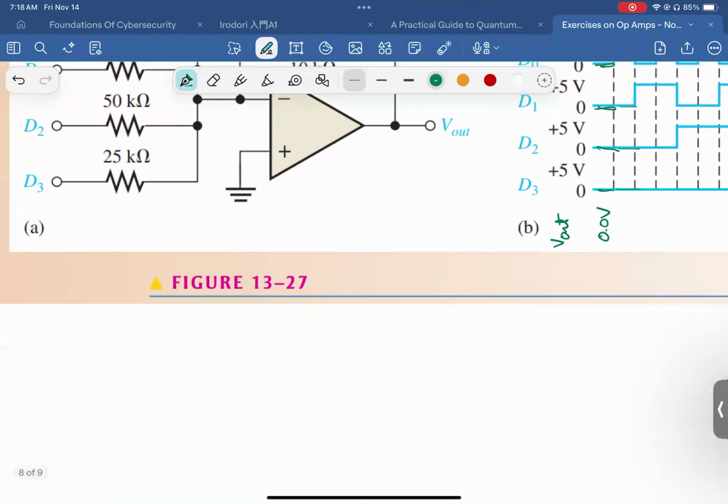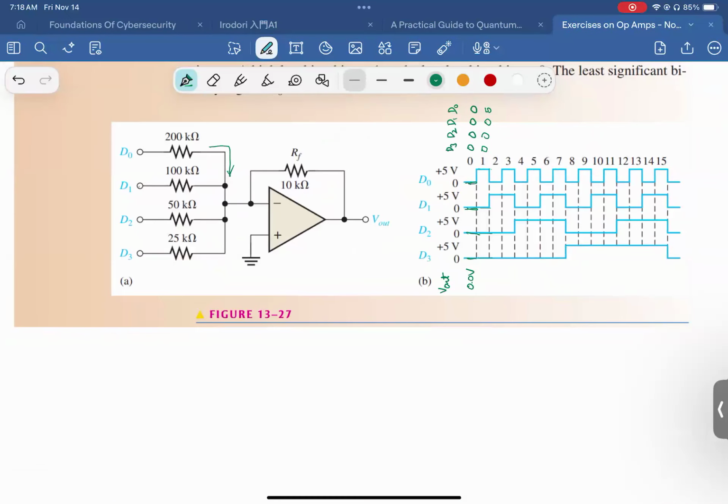So yung current through I naught is 5 volts divided by 200 kilo ohms, which is equal to 0.025 milliamperes, or 25 microamperes.